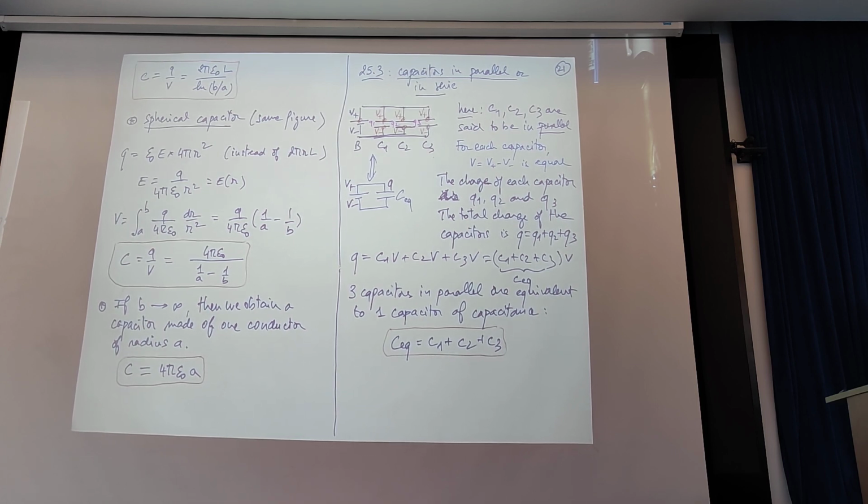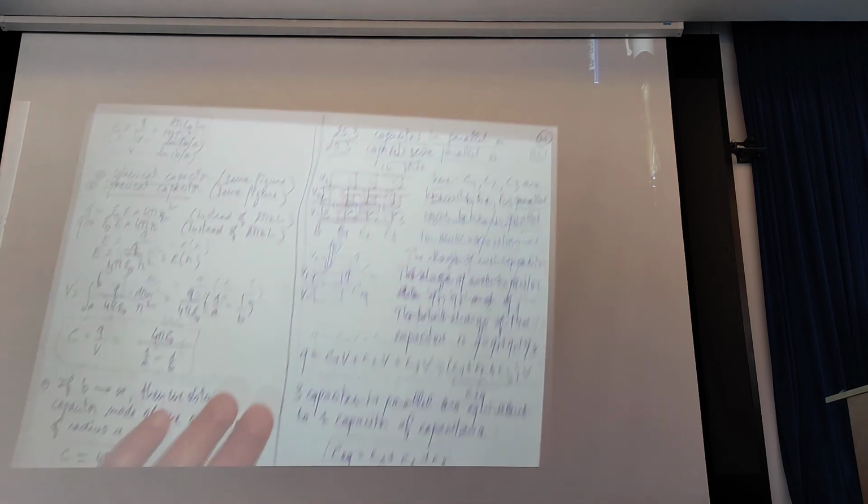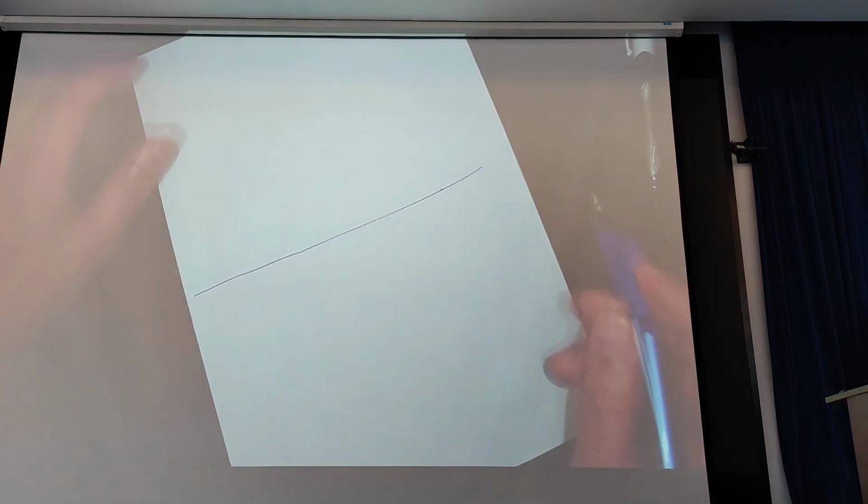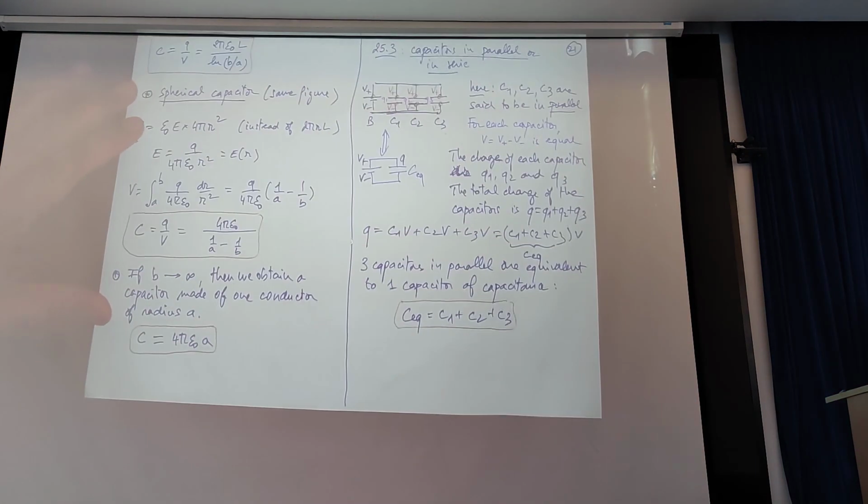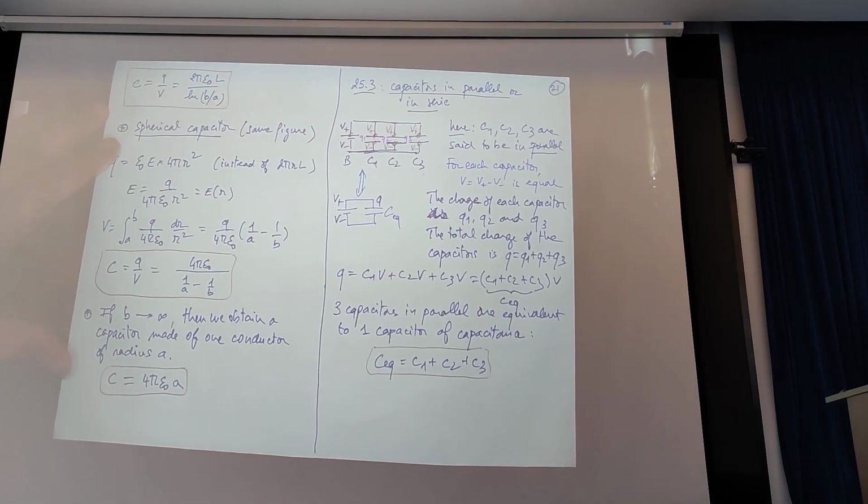So if you want to store more electric energy, you need to put several capacitors in parallel. Because again, the capacitance is the capability to store some electric energy.